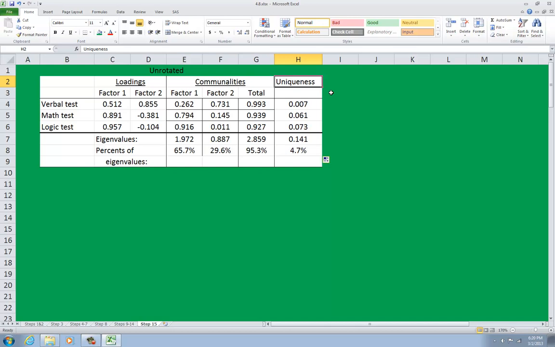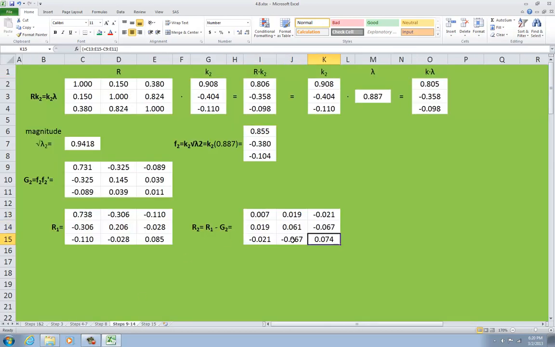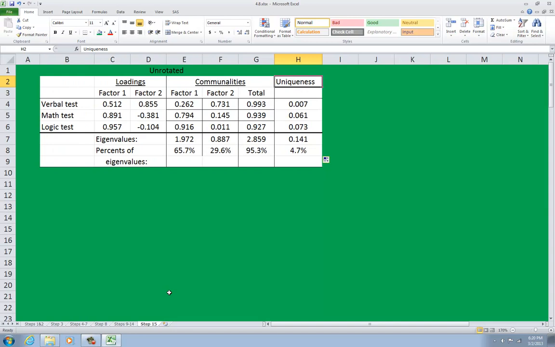It is an indication of the proportion of variance in each of the variables not accounted for by the factor solution, which, if you recall, is what this R sub 2 matrix is on the diagonals, the variance not accounted for. So for example, the total communality for the reasoning test or logic is 0.927, indicating that 92.7% of the variance in that variable is accounted for by the two-factor solution. The amount of variance not accounted for is 1 minus that, which is 7.3%. So that's the uniqueness for that one.